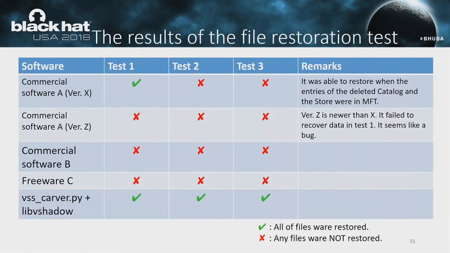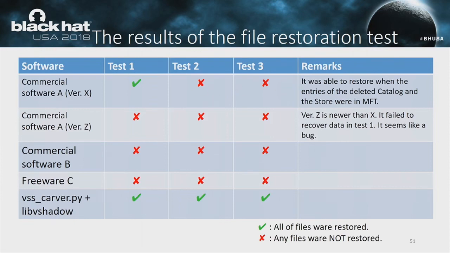Okay, so these are the results of the file restoration test. With commercial software A, we could restore all of the files of test 1. But we couldn't restore any files in the other tests.